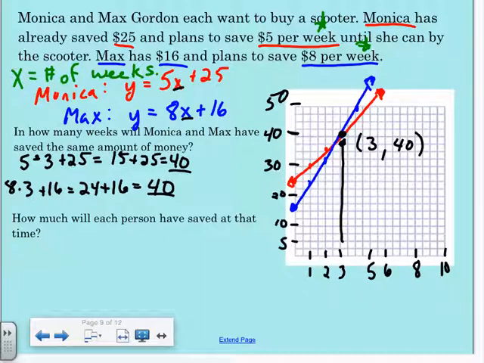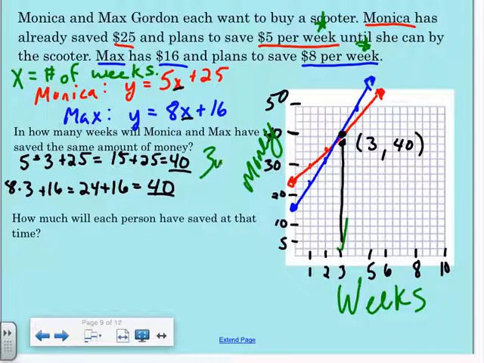Now to answer the questions. How many weeks will Monica and Max have saved the same amount of money? So this is money here. This is weeks. Well, it was 3. So 3 weeks. And you guys are obviously writing sentences on your paper. I just ran out of room, so I get the get out of jail free card.